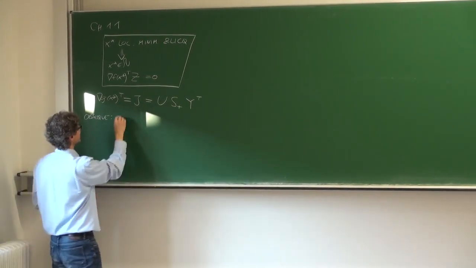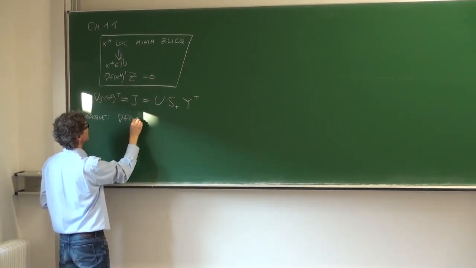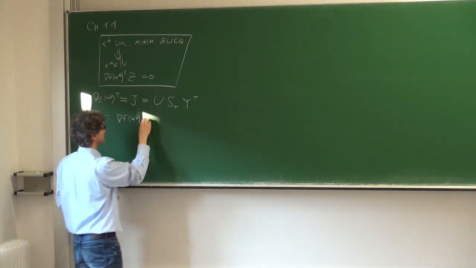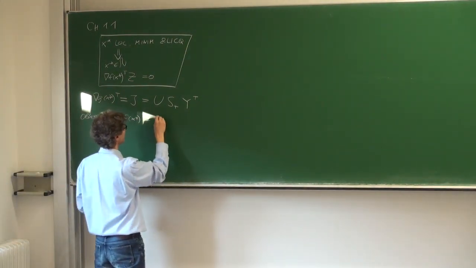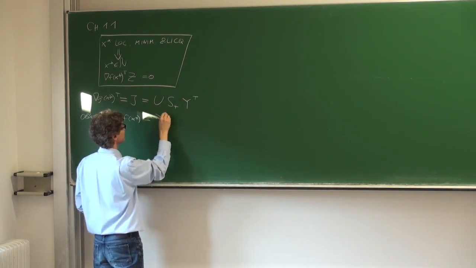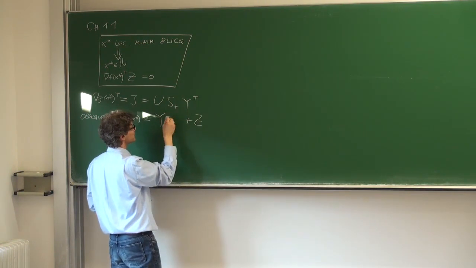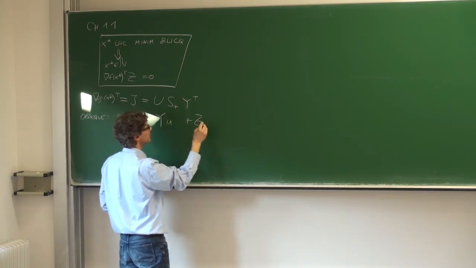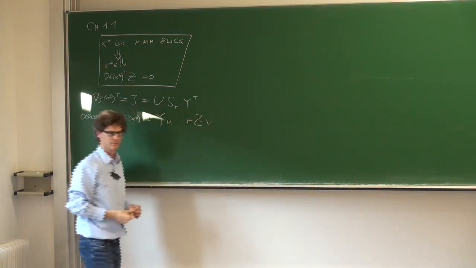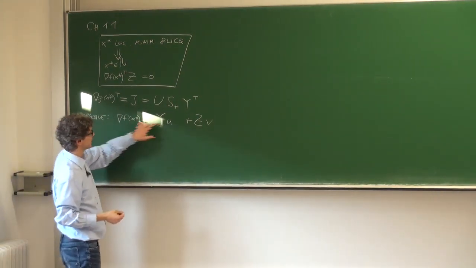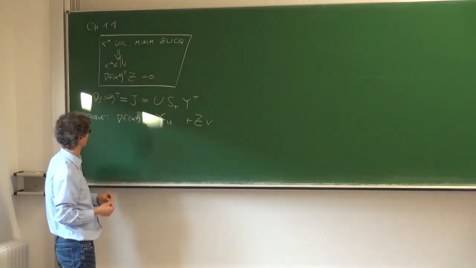I observe that nabla f of x star, like every vector, you can write it as something which has a Y component and a Z component. Maybe I call this, I called it u and v before, so I could just call it u and v now. But this is always possible.